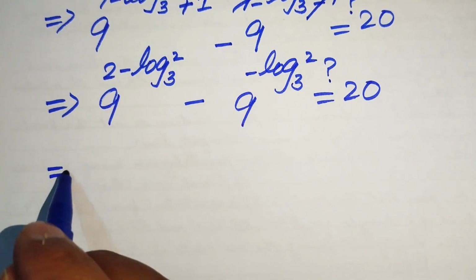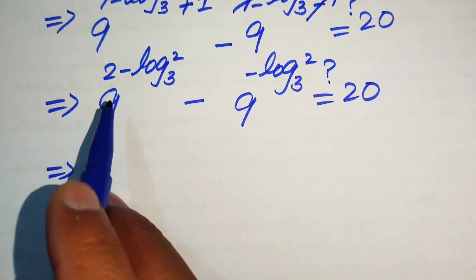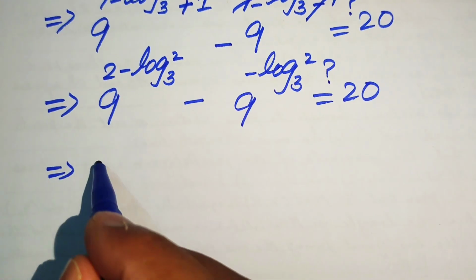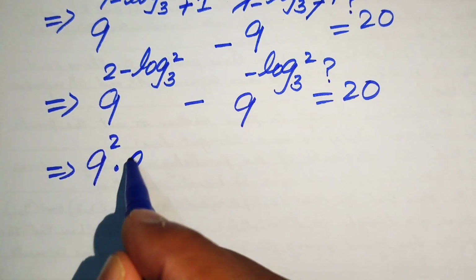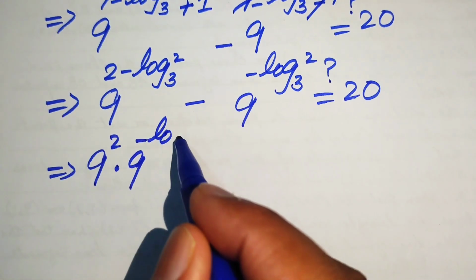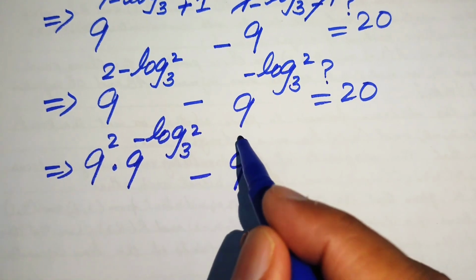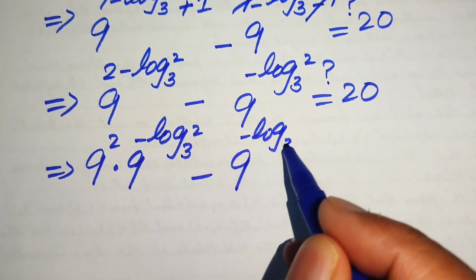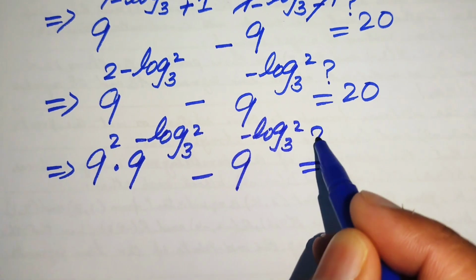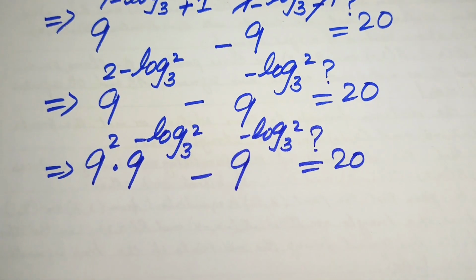So here we just break the exponent, and we write it as 9 squared into 9 to the power of minus log base 3 of 2, minus 9 to the power of minus log base 3 of 2, and we check whether this equals 20 or not.